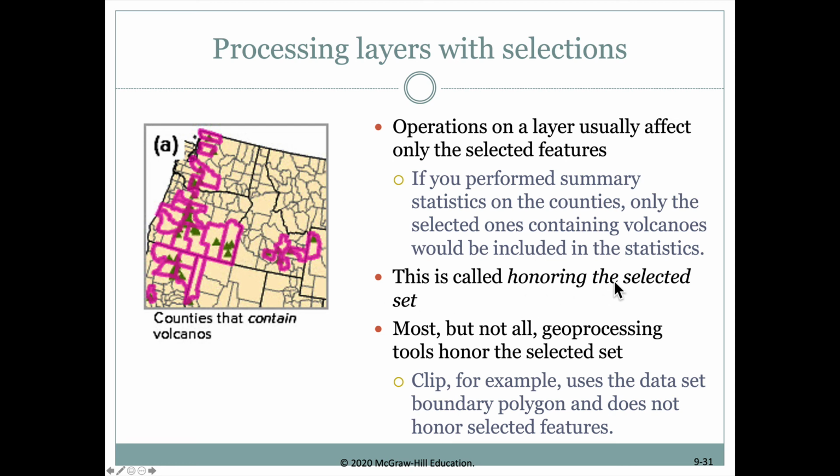This is called honoring the selected set. Most, but not all, geoprocessing tools honor the selected set. One example that does not is clip, which uses the dataset boundary polygon and does not honor the selected features. That's just something to be aware of when you use clip: there's a special case where it's not honoring all the ones that are selected, it's honoring the dataset boundary for the polygon.